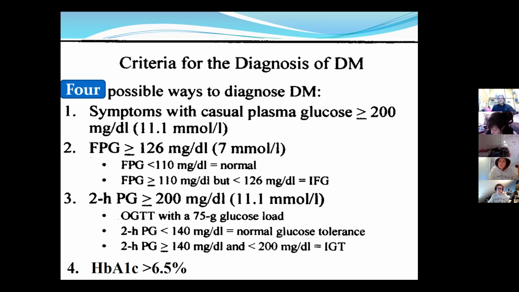You named it exactly. So impaired fasting glucose as well as impaired glucose tolerance are the two groups that are considered pre-diabetic. They are the diagnostic criterion for pre-diabetic.